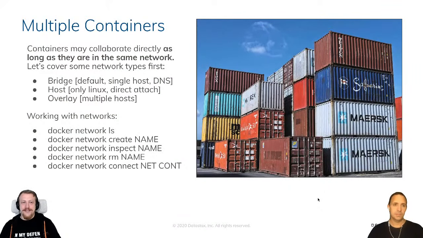Multiple containers collaborate directly as long as they are in the same network, and they work natively very easily. So using the default network type bridge, containers may communicate with each other, with the host machine, and the internet. There are some network basics to learn, but I will be very brief on that.